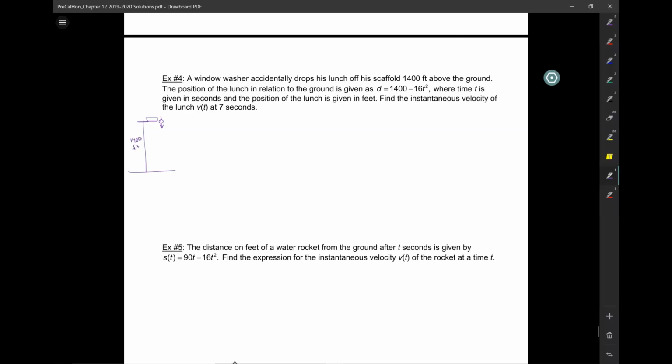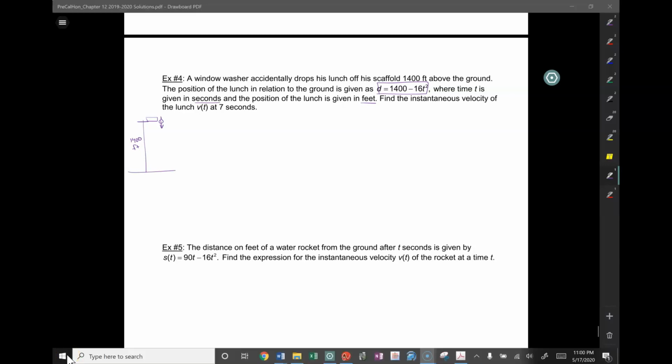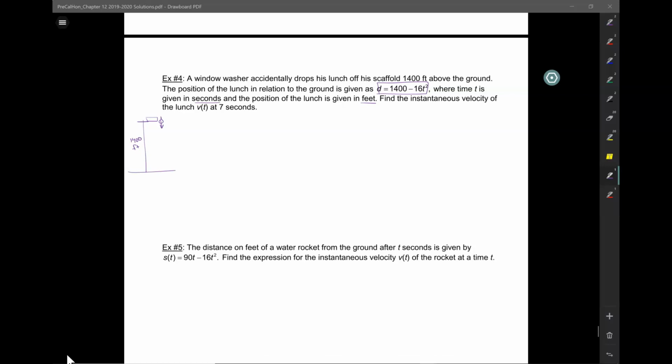The position of the lunch in relation to the ground is given as this function, where t is given in seconds, and the position of the lunch is given in feet. Find the instantaneous velocity of the lunch at 7 seconds. Okay, instantaneous means we have to do it the way we did it last time. So, here we go.